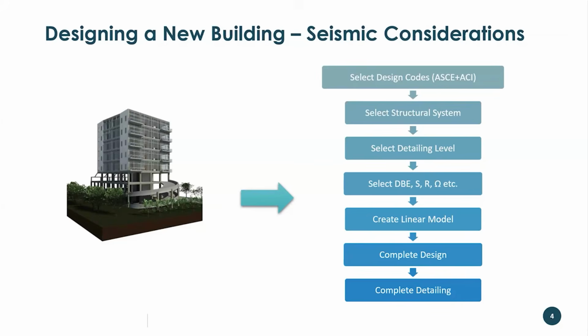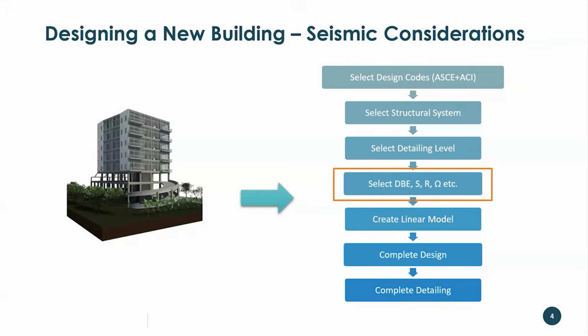Based on that, we will select the design response spectrum, the R factor, omega factors, and similar factors in other codes. And then we create mostly a linear model. Then we run the model, design, and then we complete the detailing. So that's roughly how a new structure will be designed and built.